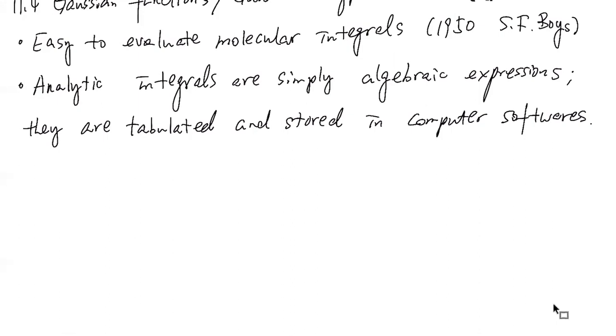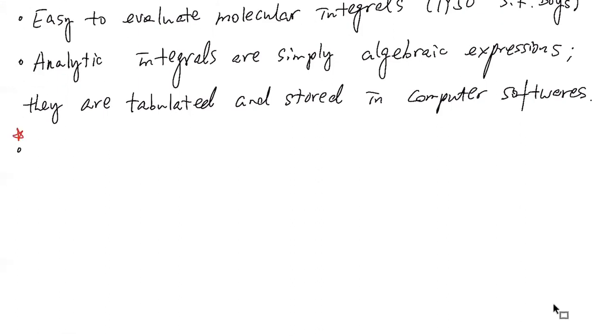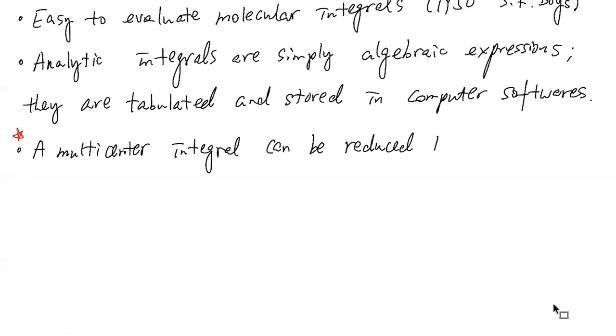Okay, and the third, I think the most important one, is that for a Gaussian type orbital, a multi-center integral can be eventually reduced to a single center integral.